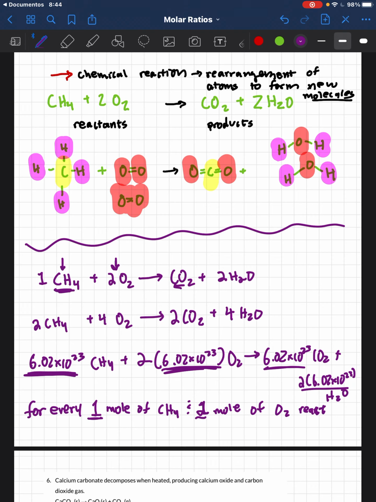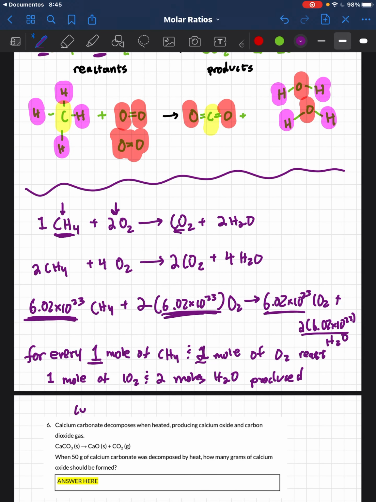And I'm getting these numbers from the coefficients, 1 and 2. I have 1 mole of CO2 and 2 moles of H2O produced. So I'm seeing that coefficients can serve as molar ratios. Let's see what this looks like in practice.